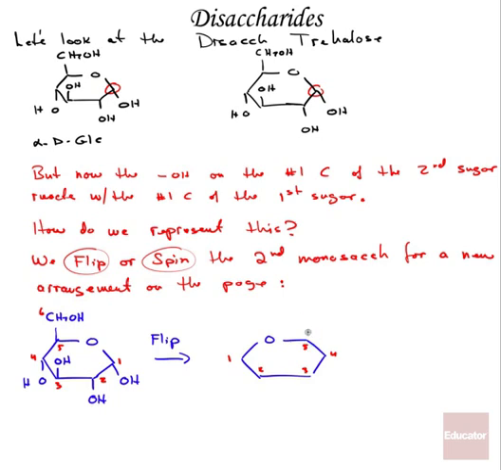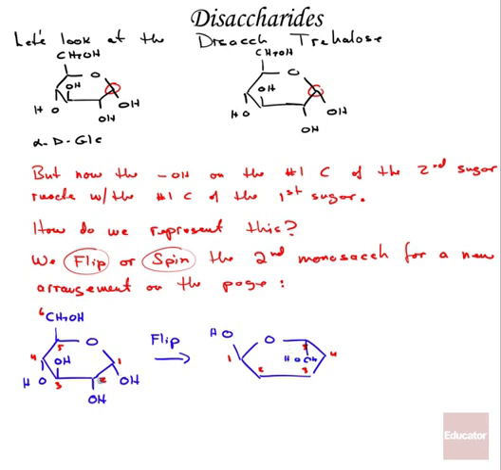And let me actually finish off the structure. When I flip this, this is on the bottom, it goes over to the right, and now it's up here. This O has moved over here. This C has moved over here, this 5 carbon. But now this is up. Now this is down.